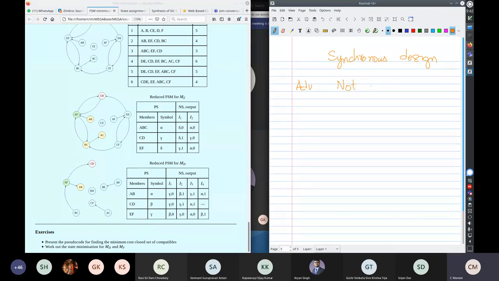Not intermediate bit values of NS also inputs.